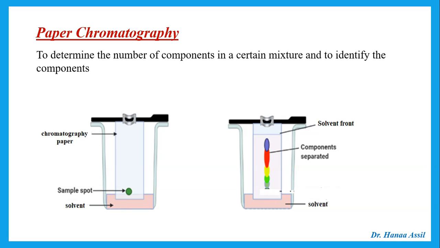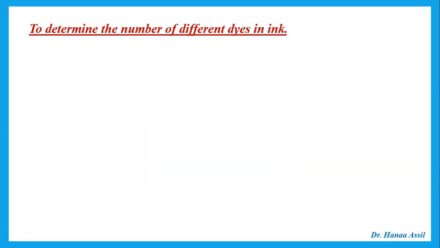And as it goes up, it will separate the colors in the sample into different colors. So, for example, it was maybe green at the beginning, but actually this green color is made up of gray, green, yellow, red, blue. So all of these were mixed up in that sample. We separated them using paper chromatography.